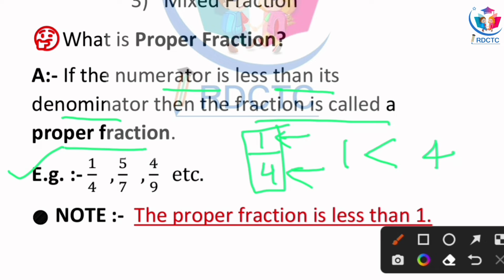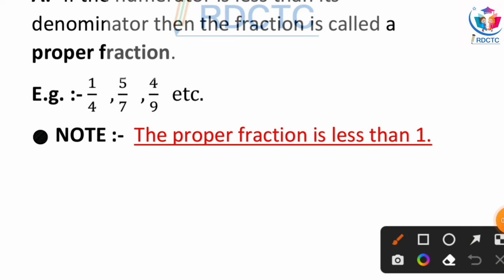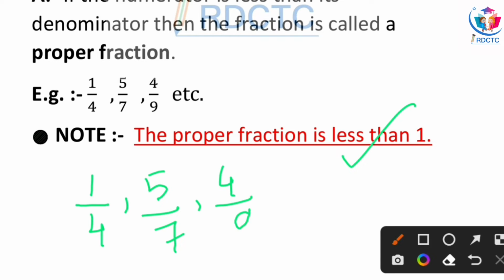When we have to present a proper fraction, we write the smaller number in the numerator part and the greater number in the denominator part. We have to notice one thing, that the proper fraction is always less than 1. Like 1 by 4, 5 by 7, 4 by 9, they are less than 1. Okay.